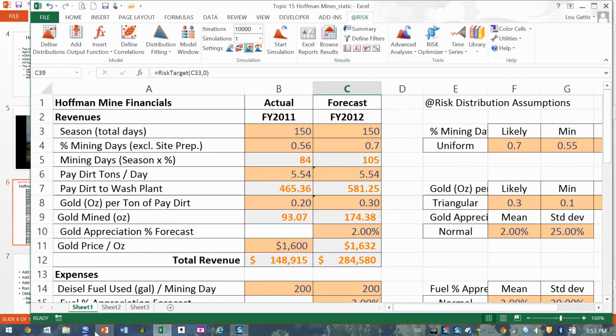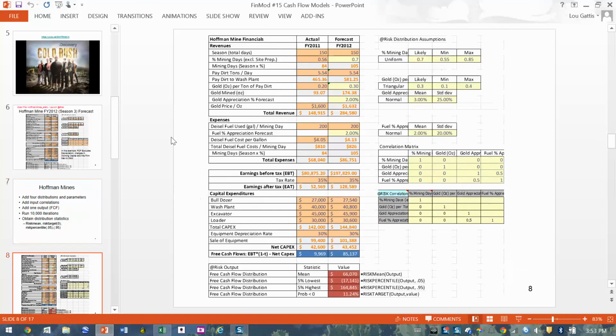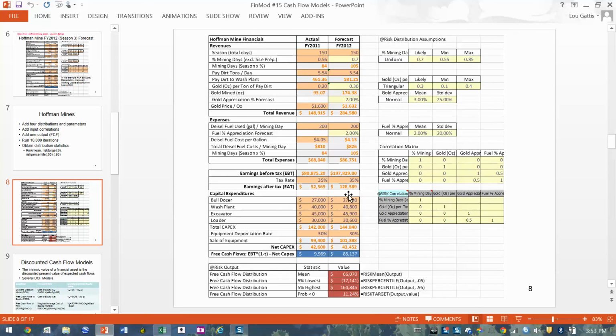So this is the basic process for doing a Monte Carlo estimation. We built a model that calculated free cash flows. We specified 4 stochastic variables, their distributions, and their correlations. And then we ran 10,000 sets of random correlated variables, and then we evaluated the output to help us make decisions.